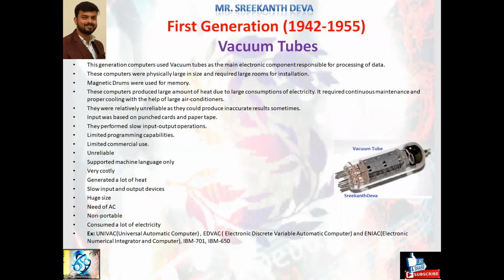Coming to the first generation computers. These generation computers used vacuum tubes as the main electronic component responsible for processing of data. Remember, the first generation computers used vacuum tubes as the main electronic component, responsible for processing of data.